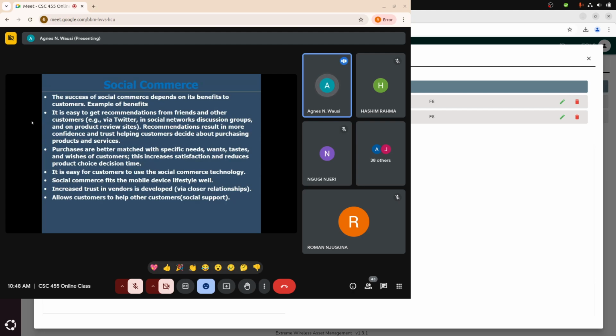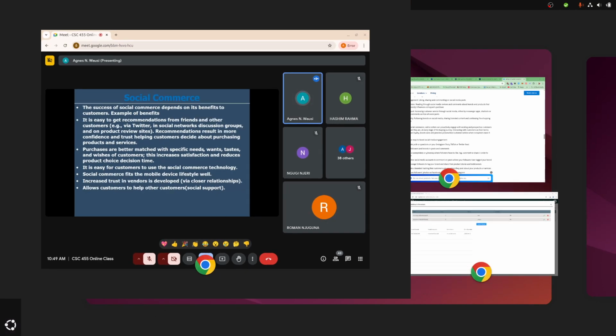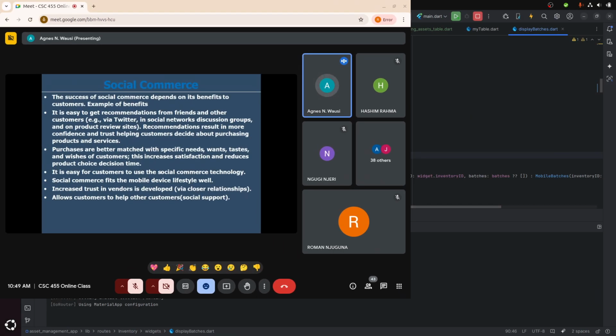Yeah. Of course, it is easy for customers to use these platforms. It fits with the lifestyle of a mobile device lifestyle, as we have seen. We are always with our mobiles everywhere. Yeah, it fits with that. There's trust that is developed. You are able to meet perhaps new friends online. As maybe they comment on a product, you could actually use the inbox, I think we used to call it, in different platforms.